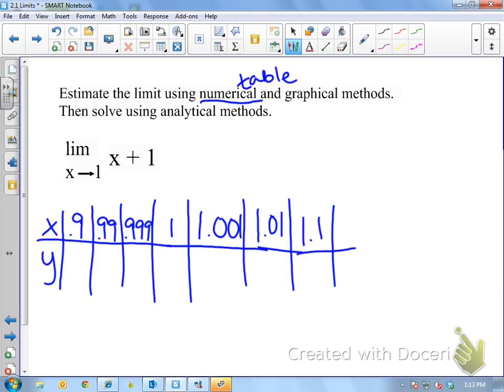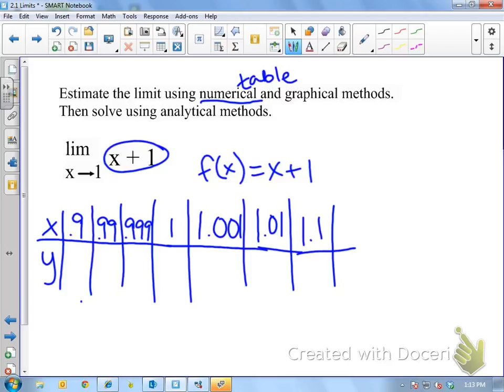So if our function is x plus 1, how do I find for our table that y value at 0.9? How do I find its associated y value? It's f of x, because remember this section is f of x. It's x plus 1.